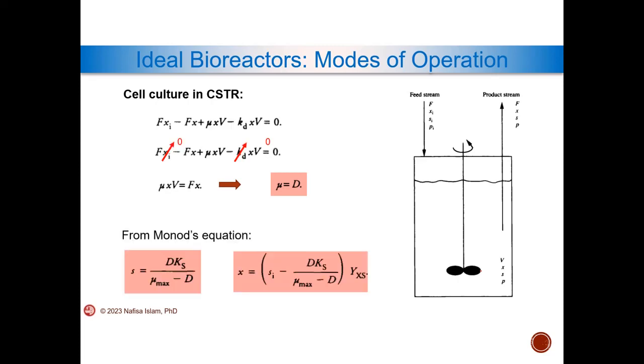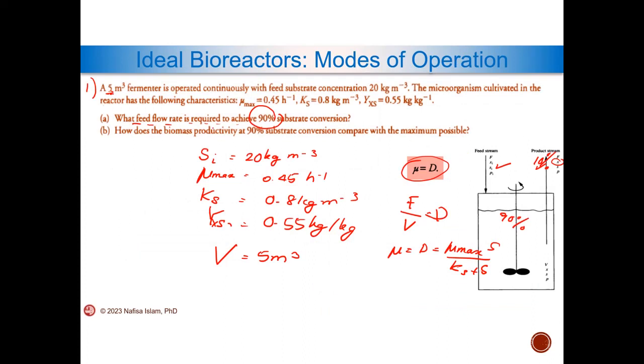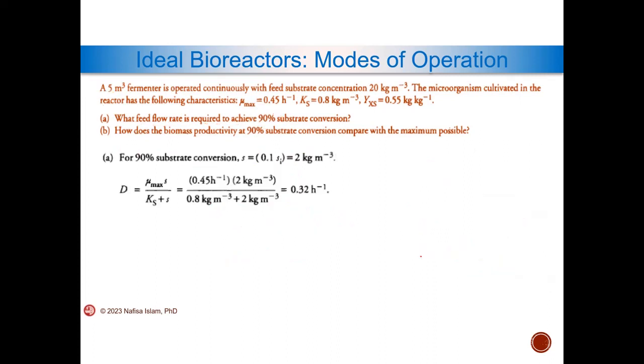So we know the S coming out is 10% of SI. So the S coming out is going to be 10% of 20, which is 2 kg per meter cube. So we know S, we know mu max, we know KS. Can somebody figure out what is the D?